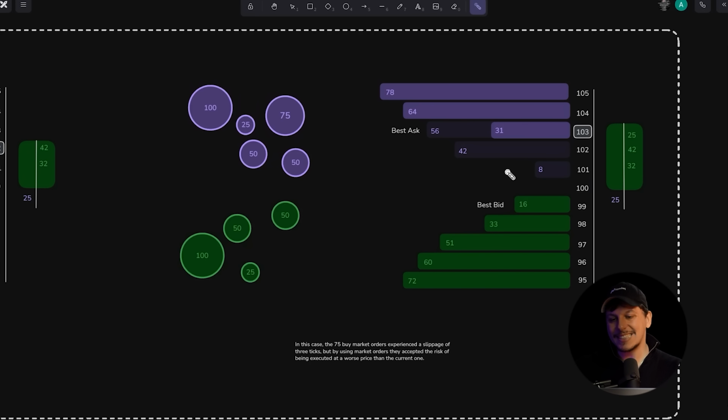In this case, the 75 aggressive orders that we saw in the beginning experienced a slippage of 3 ticks, being filled completely at the 103 level, with 31 remaining contracts available.